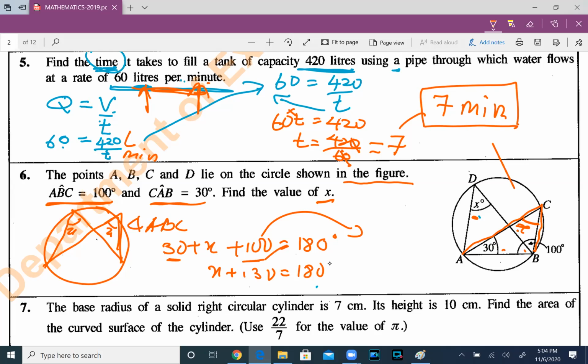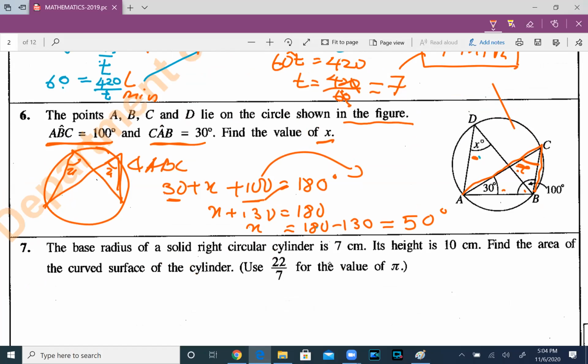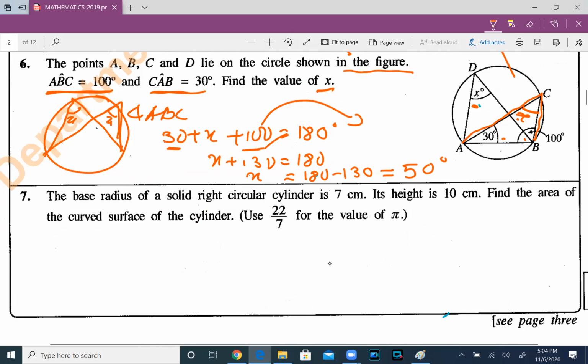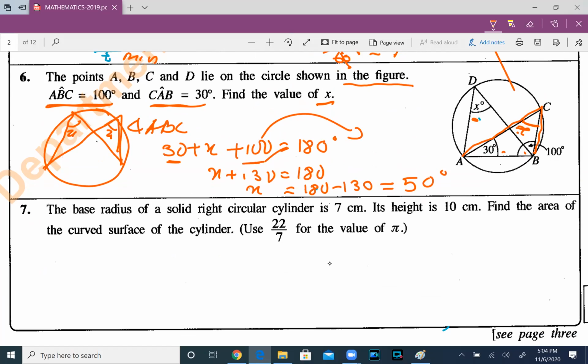If this 130 goes there, x will be equal to 180 minus 130, which is 50 degrees. So if you need, you can take note of it.